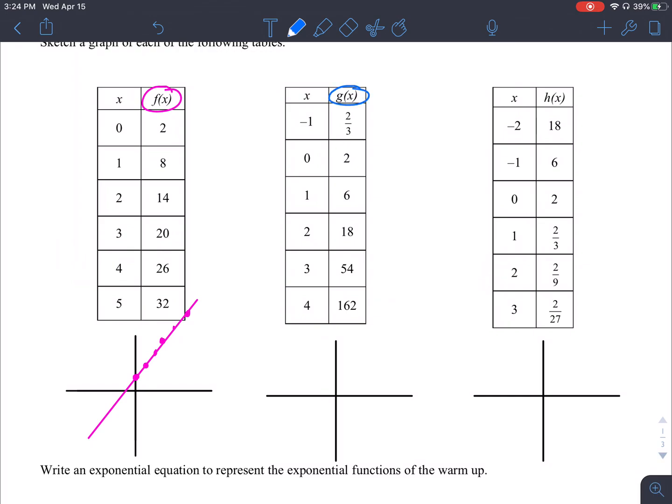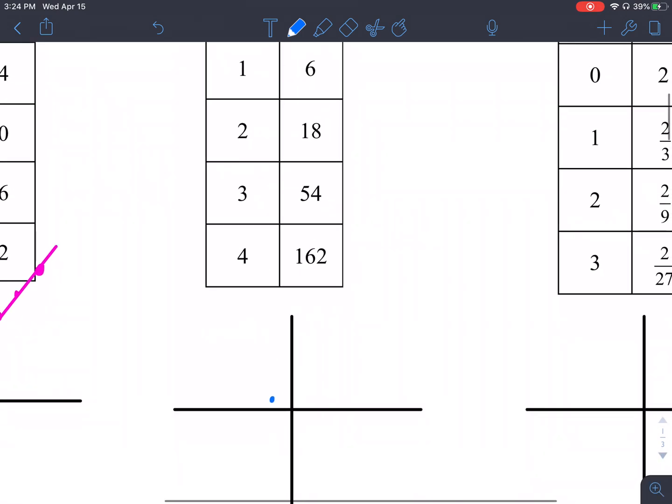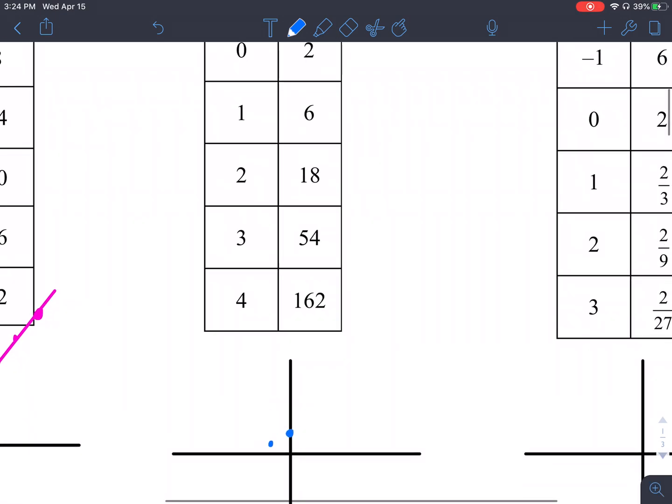If I look at g of x, I would have (-1, 2/3), (0, 2), so noticing the same y-intercept, (1, 6), (2, 18), (3, 54), holy cow, and then (4, 162).